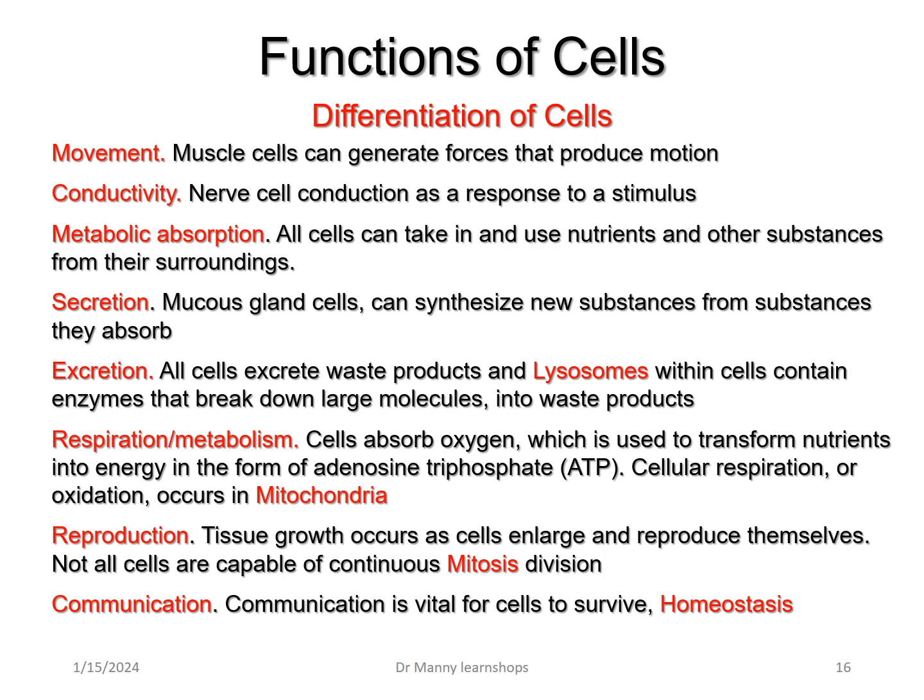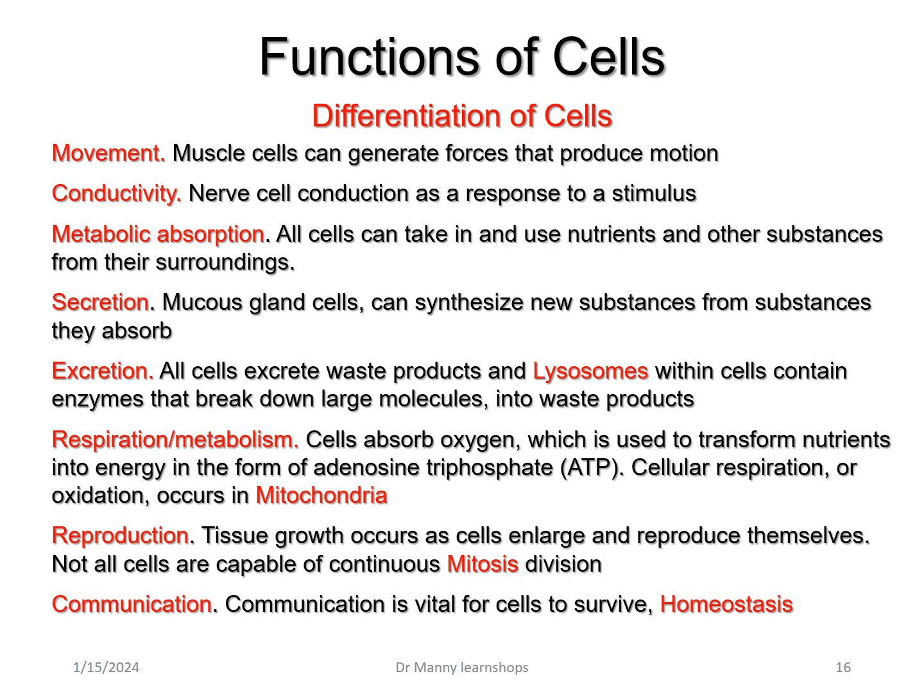Then you've got reproduction. Tissue growth has to occur, so cells have to provide more cells. Tissue growth occurs when cells enlarge and reproduce themselves. However, not all cells are capable of continuous mitosis division. Neurons don't regenerate. Myocytes don't regenerate. Certain cells don't regenerate.